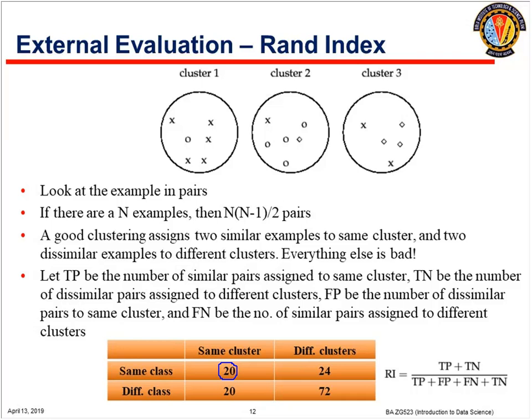If it is different class put in the same cluster, it is false positive. So TP and FP are both 20. False negative is 24. If they are different class and different clusters, that is true negative. That is 72. We calculated it, and the RAND index is now, I got 0.68.